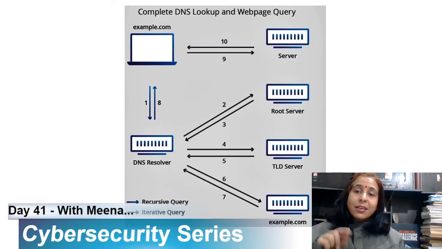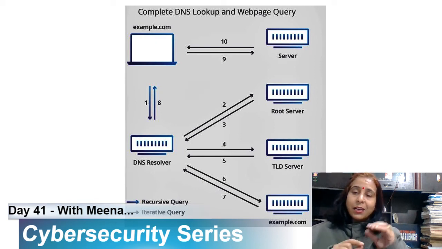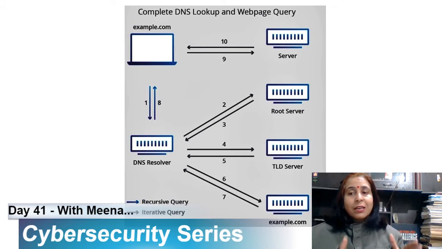So it will give the IP address of the example.com authoritative server, and that DNS server will tell what the IP address is for this particular query. Once the DNS resolver gets it, it will contact the authoritative server, and the authoritative server will give the IP address.